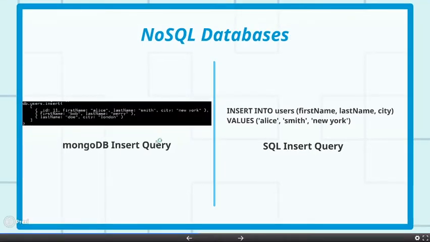On the left side, we have a query to store multiple users' information into a user document via MongoDB, which is a NoSQL database. And on the right, this is how you would store the user's information in a SQL query. So there are some differences. As you can see here, you would have to learn the correct pattern of this insert query, whereas here you can be a little bit more fluid.